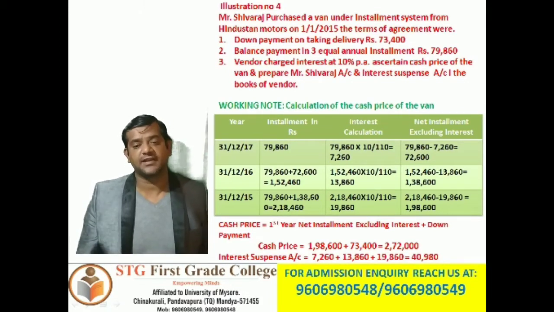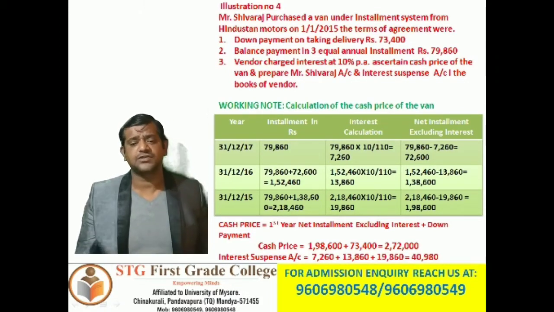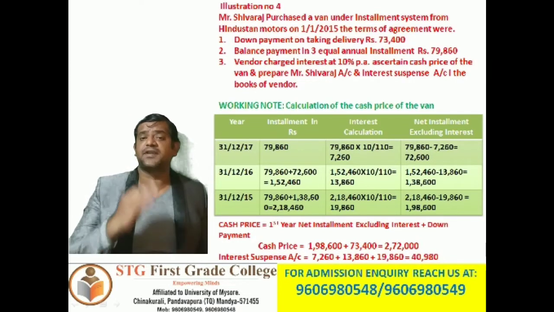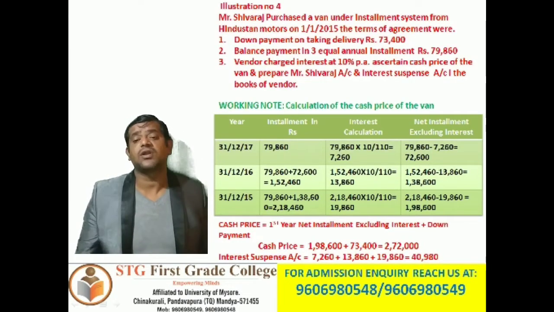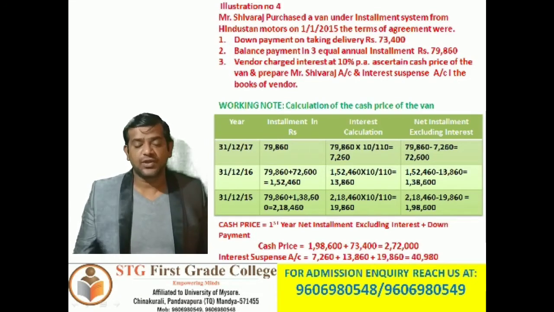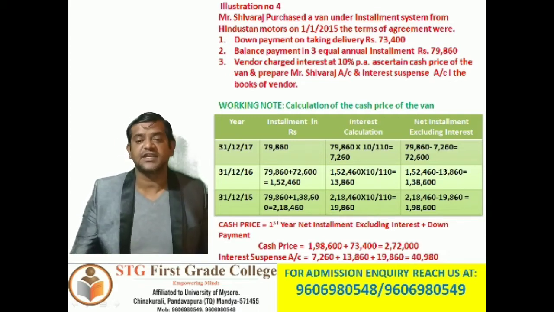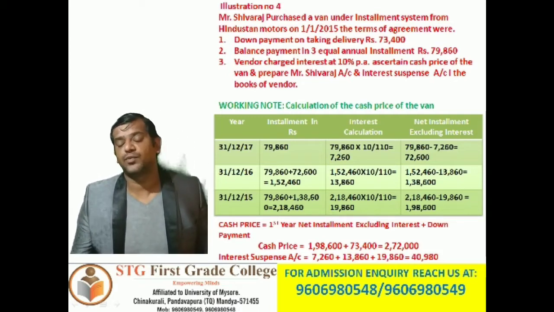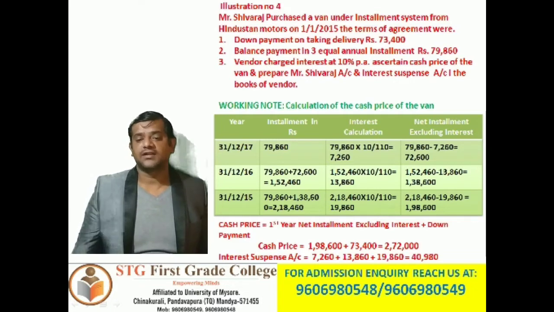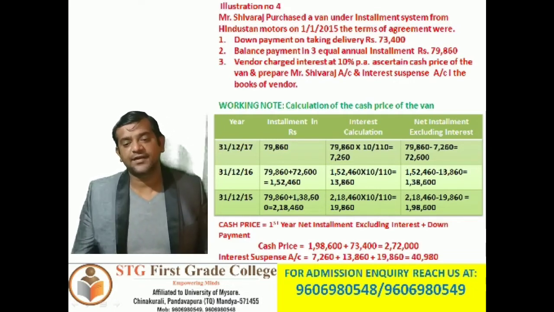Next is 31/12/2015: 79,860 plus the previous year's net installment amount 1,38,600 comes to 2,18,460. 2,18,460 into 10 divided by 110 comes to 19,860.